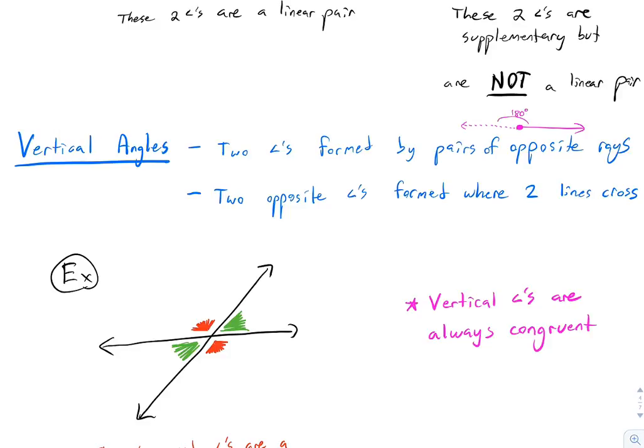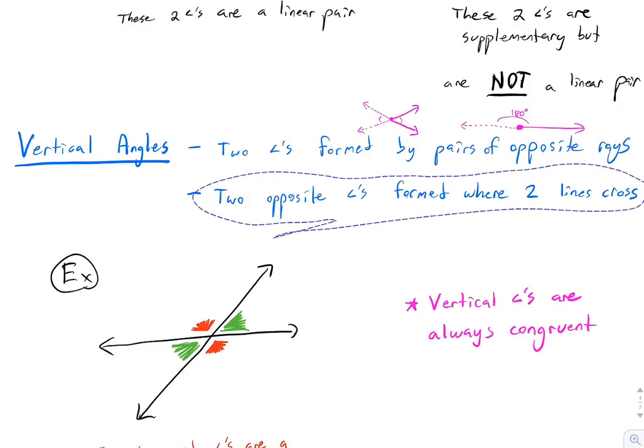I was just explaining what this definition means. If we took an angle formed by a point and two rays, and we looked at the opposite ray of this one, and then the opposite ray of the other side of the angle, you get vertical angles. However, I like thinking about it in much simpler terms as the two opposite angles formed where two lines cross.